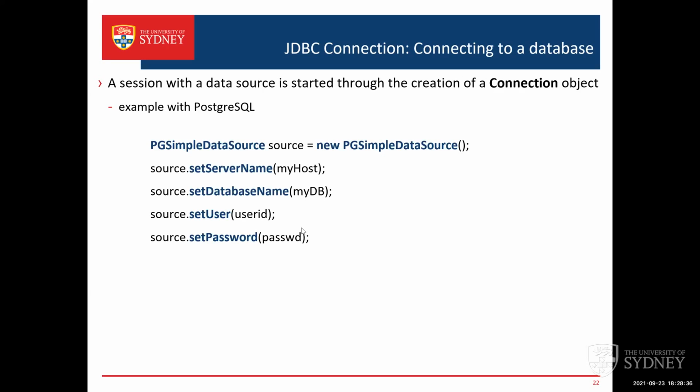If you are using your local one that you installed on your computer, then the host will be localhost, the DB name is whatever you have written, and the user ID and password are the username and password that you set up. You pass these 4 things in here, and then you simply write source.getConnection, and that's it. If we send all of these 4 things correctly, getConnection will establish the connection with the DBMS.